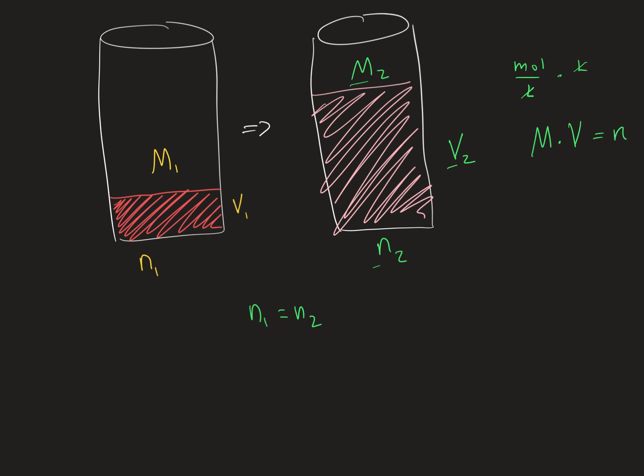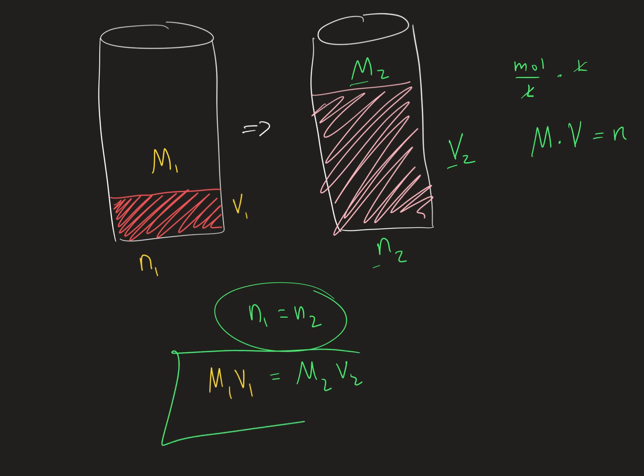Okay? And here's probably what you guys were talking about, right? All right. So if this is true, then we can also say M1V1 is equal to M2V2. That true? So whenever we dilute a solution, this is going to be true.